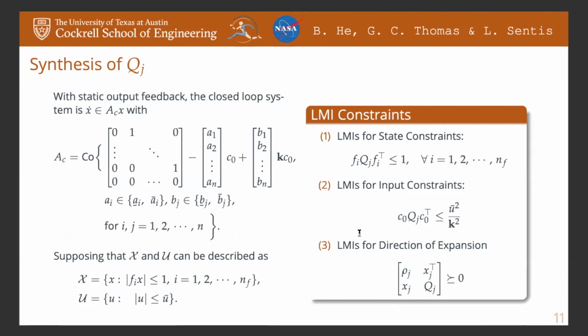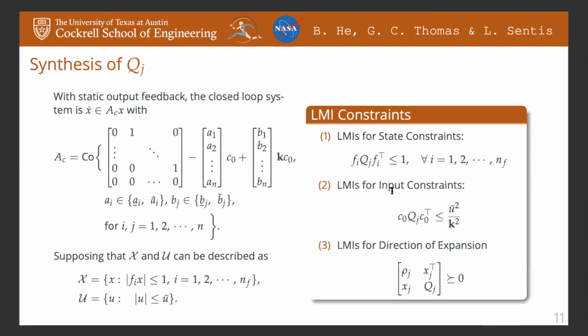First, we have a closed loop state space equation of the system. The closed loop A matrix of the system is in the convex hull because of its uncertain parameter defined in the transfer function previously. We can also represent the state and input constraints as polytopic regions. These constraints can be turned into linear matrix inequalities for shaping the quadratic Lyapunov functions.